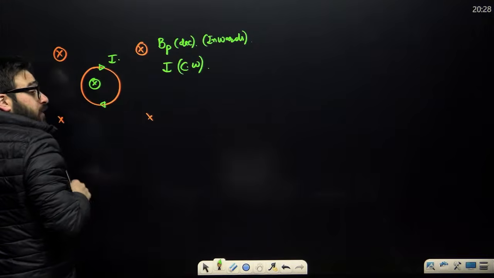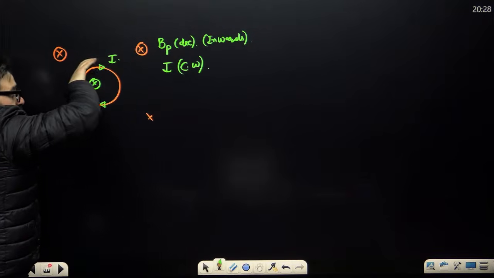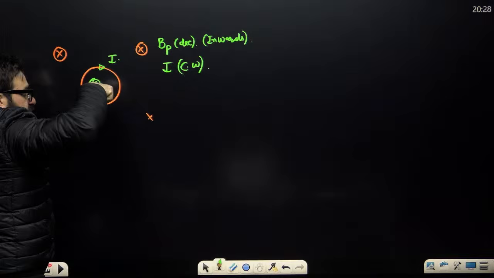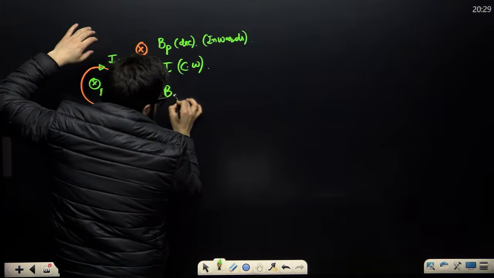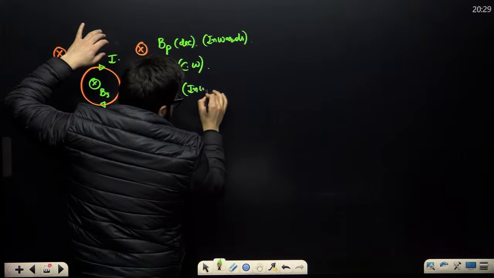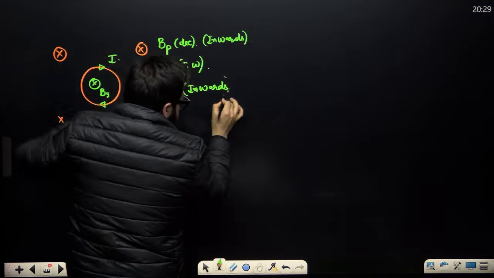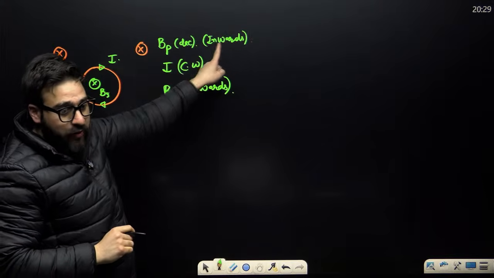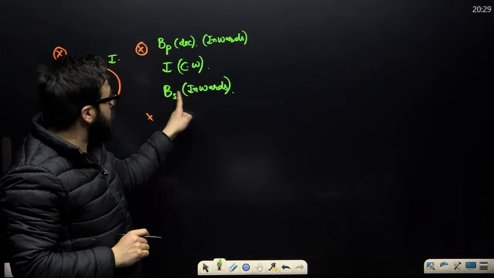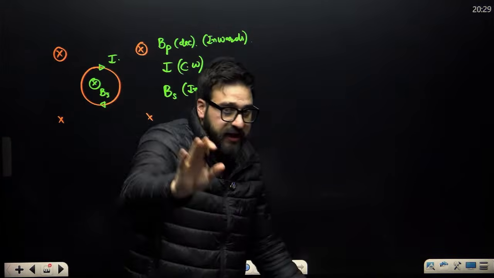Curl your fingers along direction of current, thumb is pointing inwards. So in this particular case, B secondary is inwards. Now see, primary magnetic field is decreasing and is inwards. You have to support the decreasing magnetic field, so you are applying the secondary magnetic field in the inward direction.